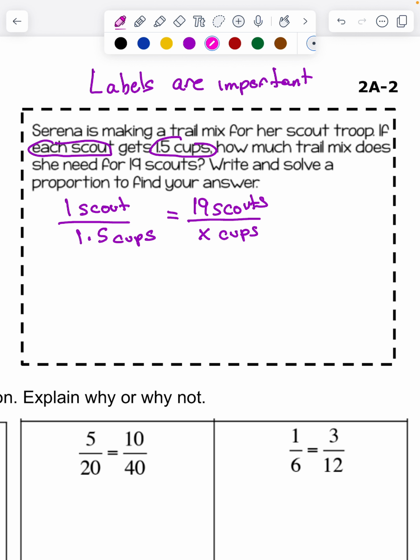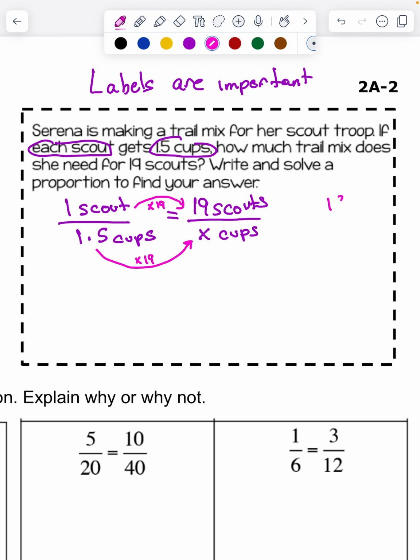One of the ways to solve it is, how do I get, by multiplying, not adding, subtracting, or dividing, from 1 to 19? I multiply by 19. Therefore, I'm going to have to multiply that times 19.